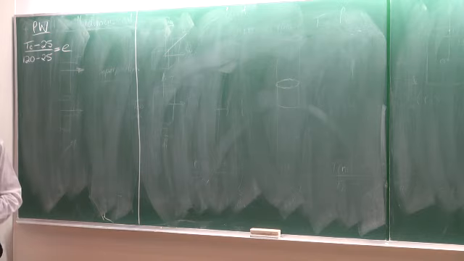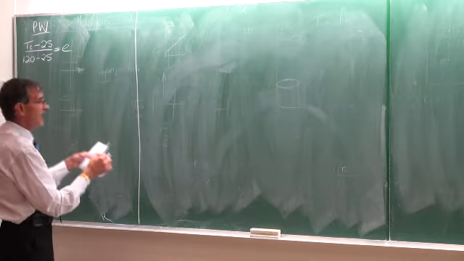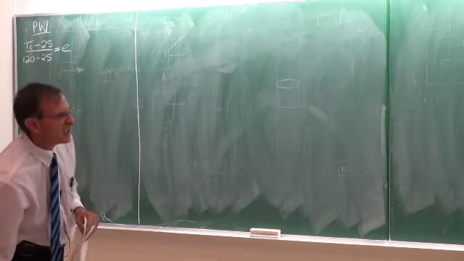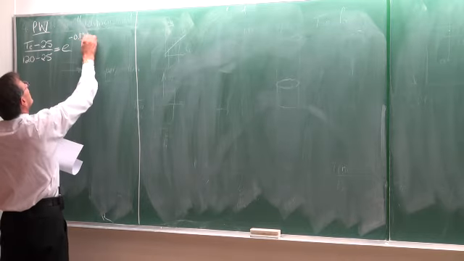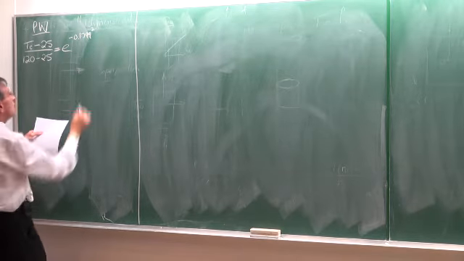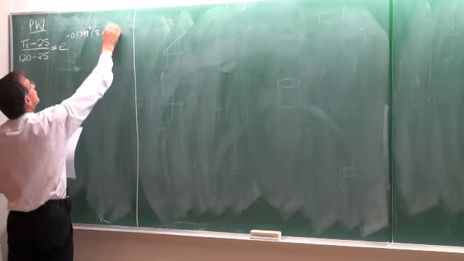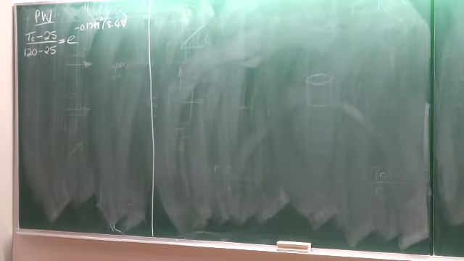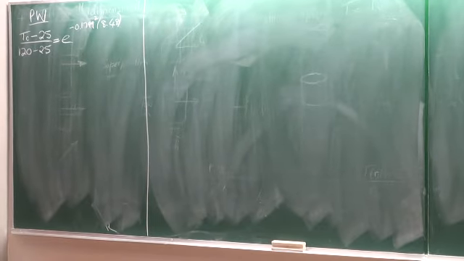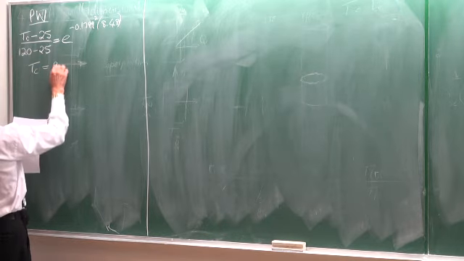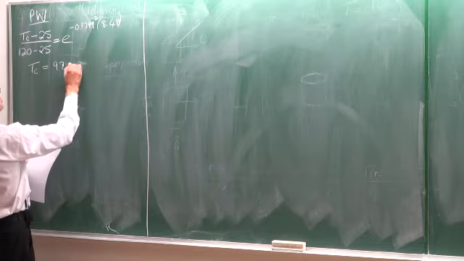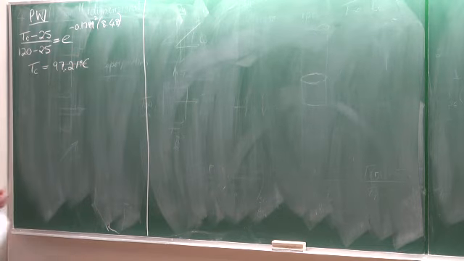That is equal to e to the minus lambda 1, and lambda 1 I have solved as 0.1799, multiplied by tau, which is 8.48. And the result of that is that the temperature is equal to 97.21 degrees Celsius.